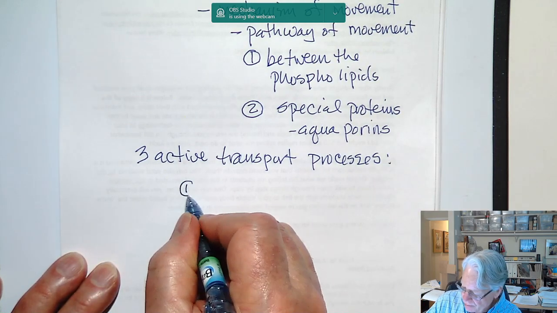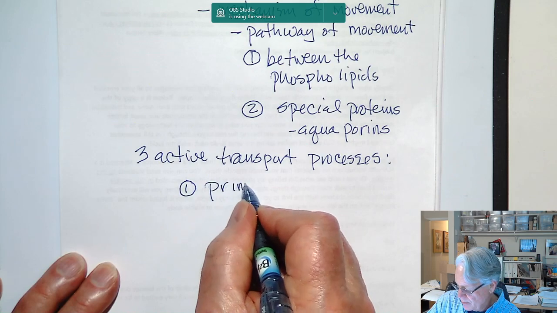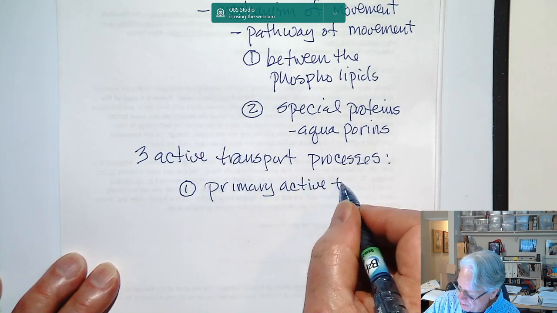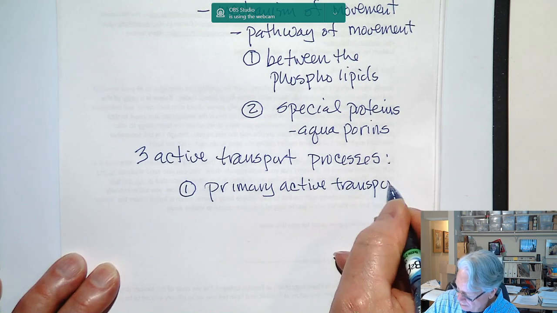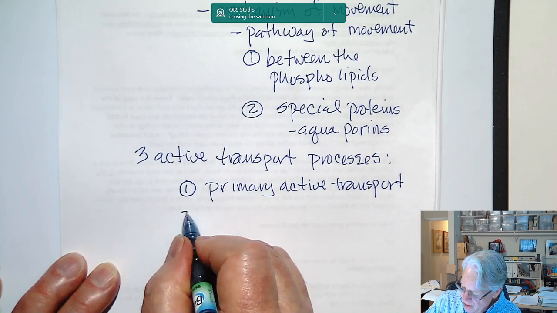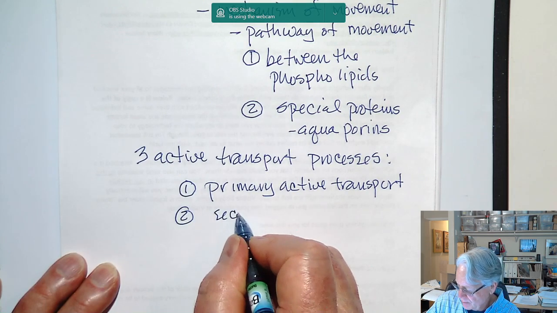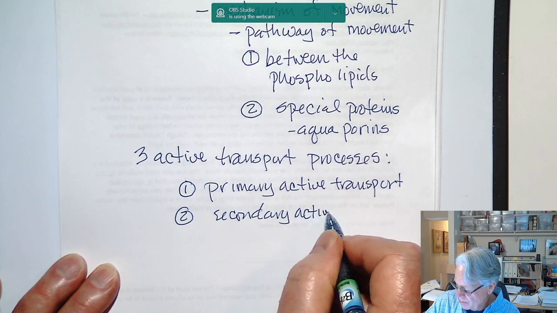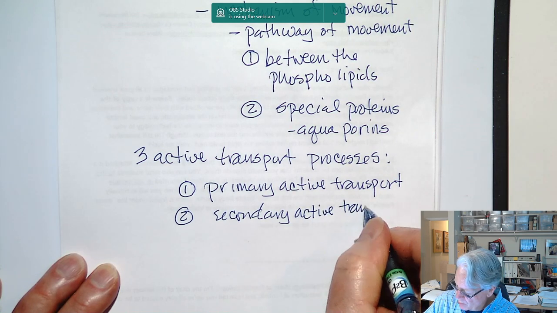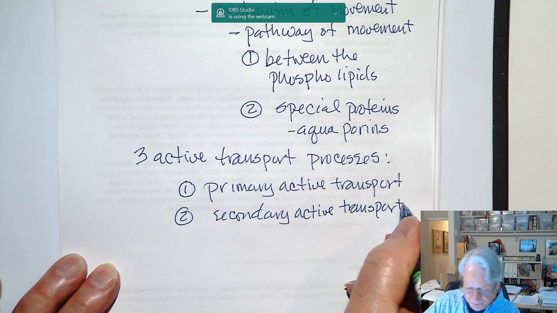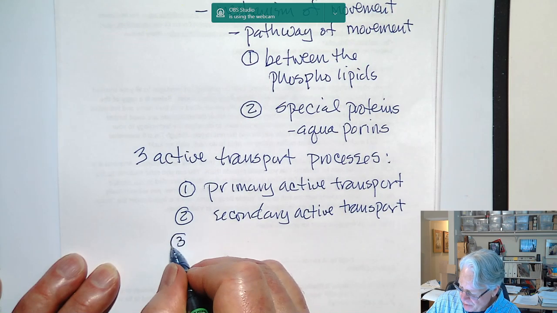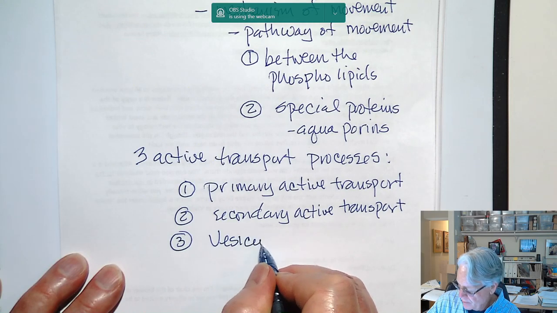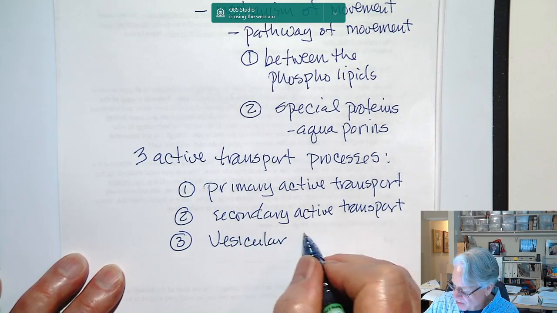These are primary active transport, secondary active transport, and third is vesicular transport.